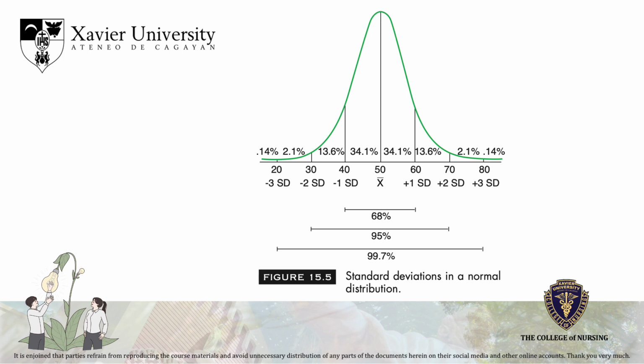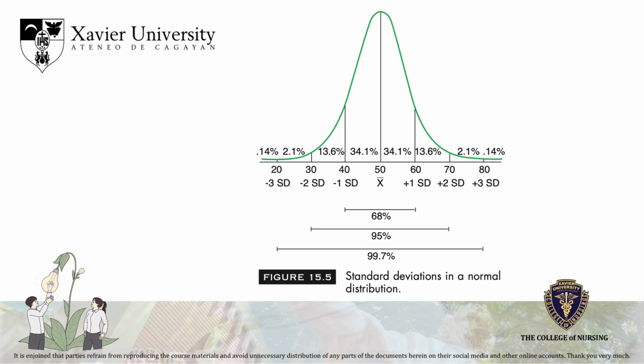In normal and near normal distributions, there are roughly three standard deviations above and below the mean. Suppose we had a normal distribution with a mean of 50 and an SD of 10, as you can see from our sample, Figure 15.5. In such a distribution, a fixed percentage of cases fall within certain distances from the mean. Of all cases, 68% fall within one standard deviation above and below the mean.